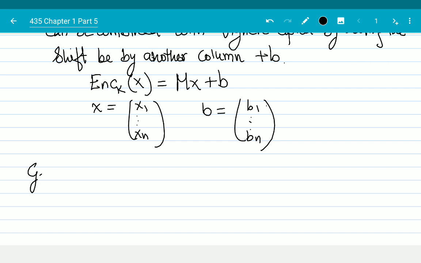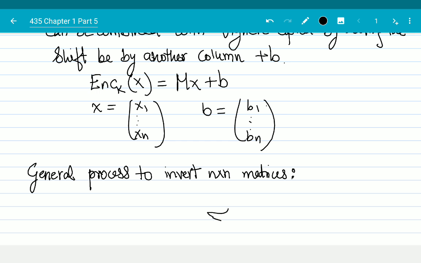This time I'm going to show a general process to invert n cross n matrices, and the process goes as follows.